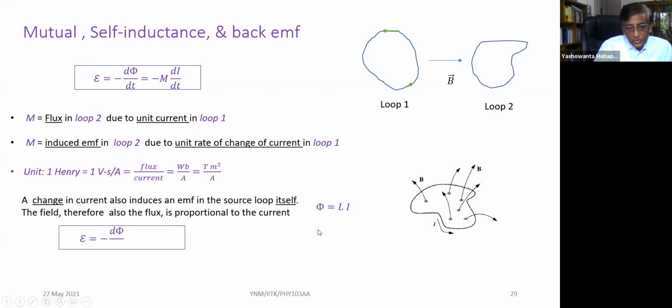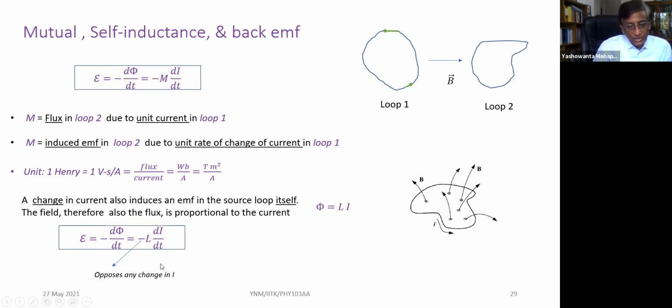So E is equal to minus d phi by dt, which is minus L di by dt. This is the definition of the EMF for a circuit element with inductance L: E is minus L di by dt, even for a single loop. Of course, this minus sign, remember, opposes the change in current.